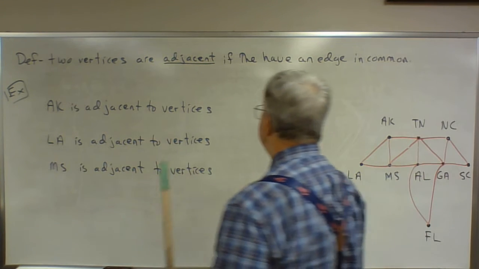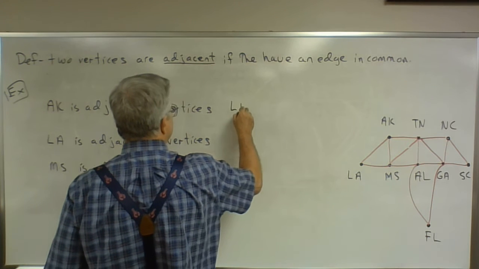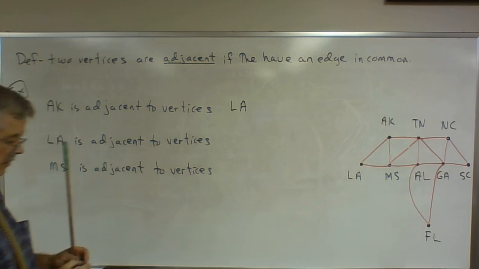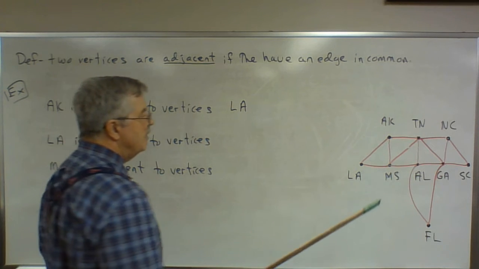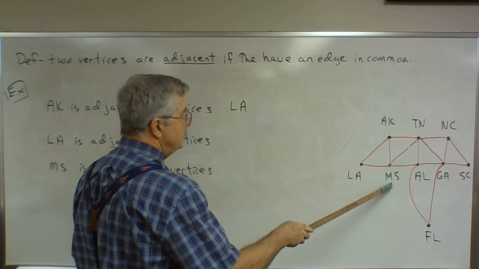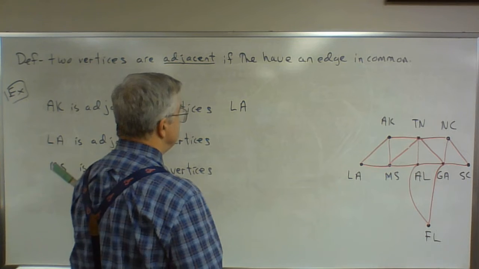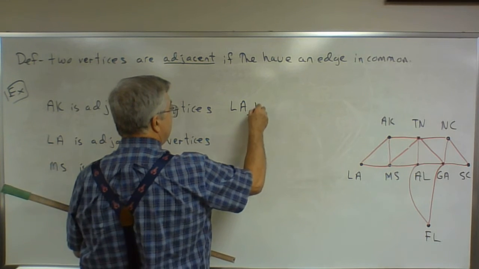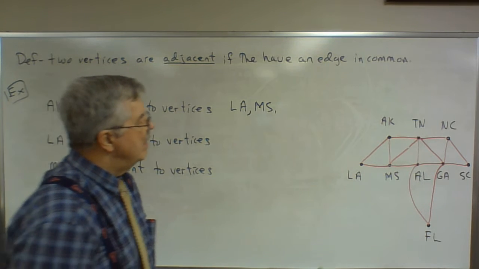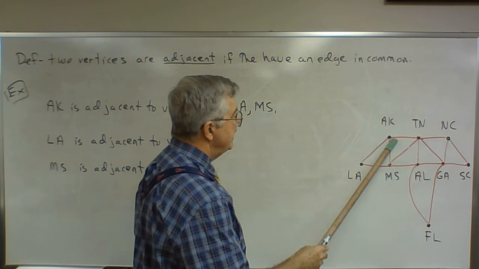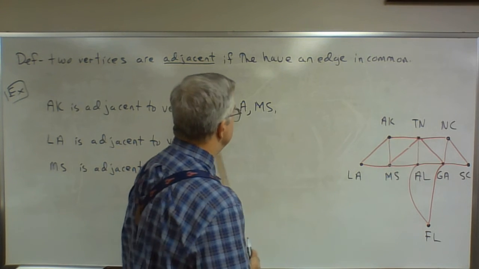So Arkansas is adjacent with Louisiana. Arkansas shares an edge with Mississippi. Arkansas shares an edge with Tennessee.